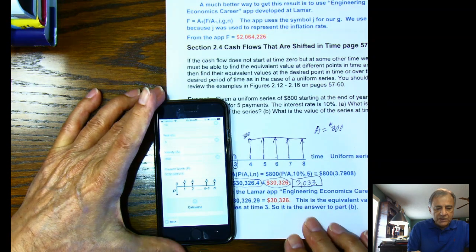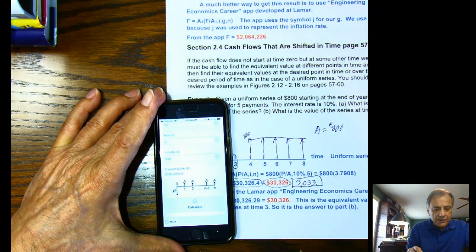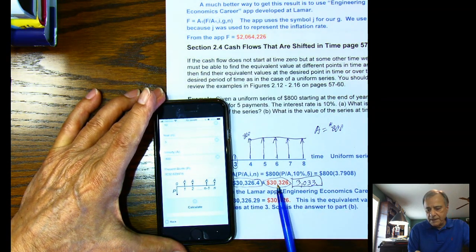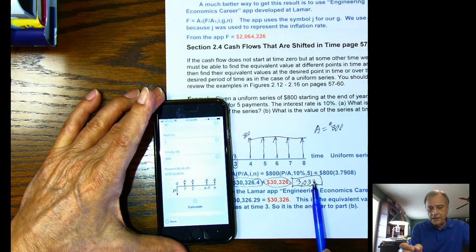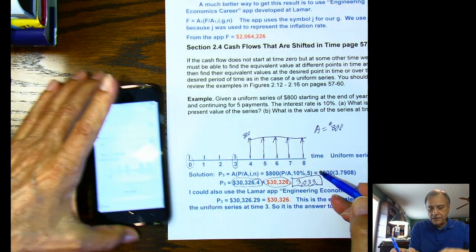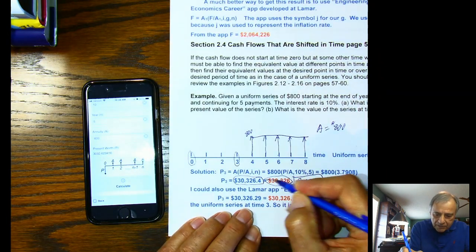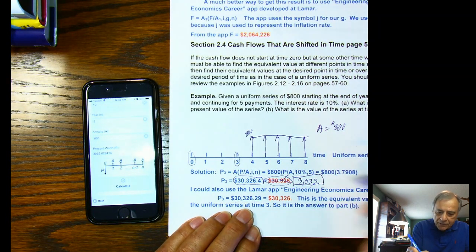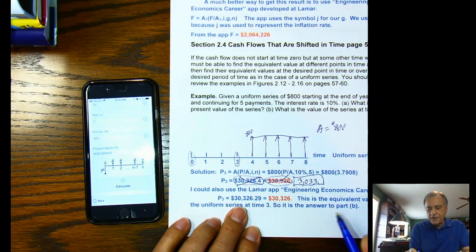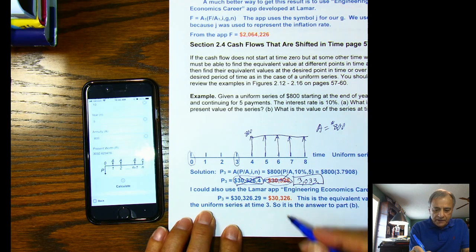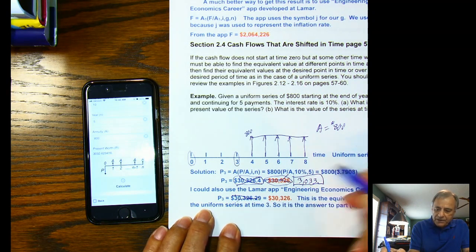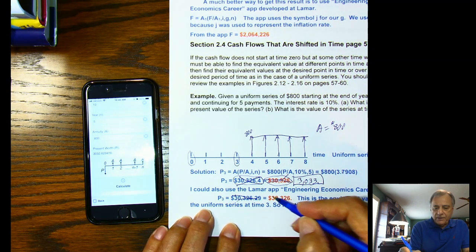and it brings me $3,032.62. So I just recorded that here as $3,033. I'm going to cross that out because that's not correct. It's $3,033, and that's what I get both from this calculation and from the app.